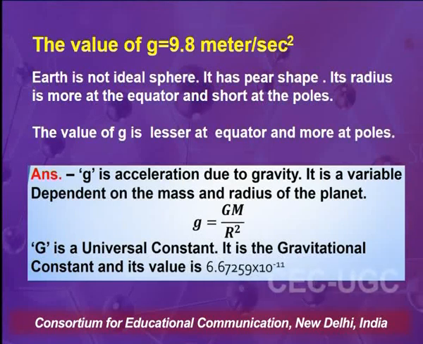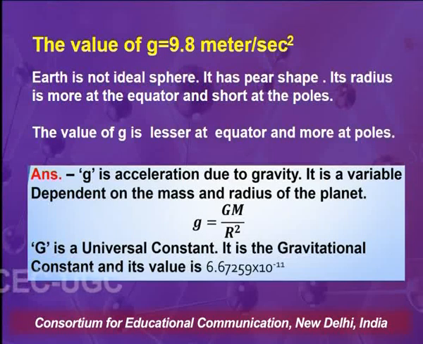We have small g, the acceleration due to gravity, but we have capital G also. Small g is the acceleration due to gravity, a variable dependent on the mass and radius of the planet. The relation between small g and capital G is small g equals capital G m upon r square.